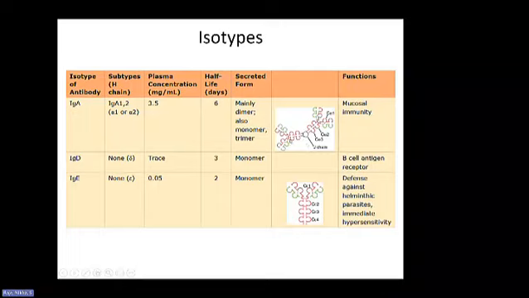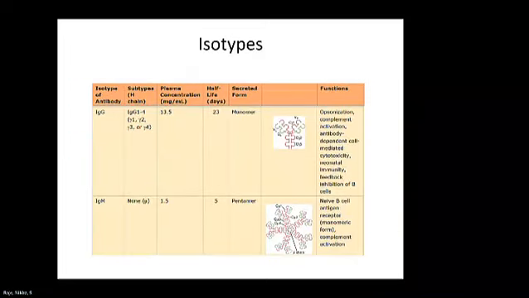They can also be monomers or trimers, but most of the time the two molecules of IgA are bound to each other by something called J chain. We know the function of IgA is mucosal immunity. IgD is present in the B-cell antigen receptor. It plays a role in inflammation as well. IgE is defense against helminth parasites and can cause allergic reactions.